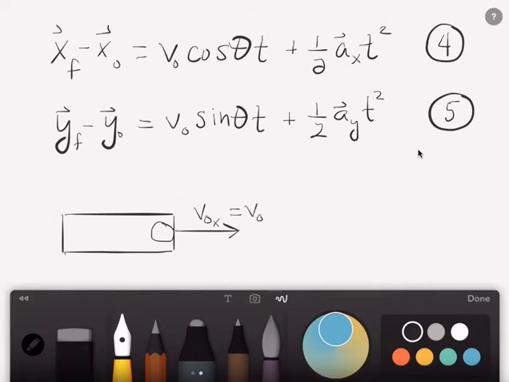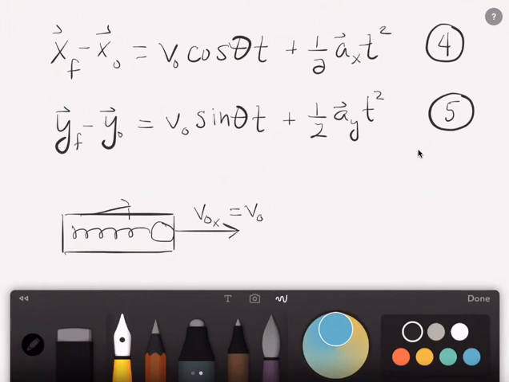If it had some angle other than 0, then we would have part of our initial velocity in the y direction. So know that there's a spring back here that is compressed, and we release that spring with a trigger. Okay, it has a little rope on it, and when we release it, it pushes the ball out.